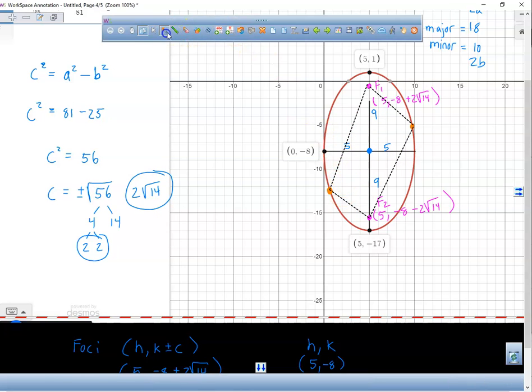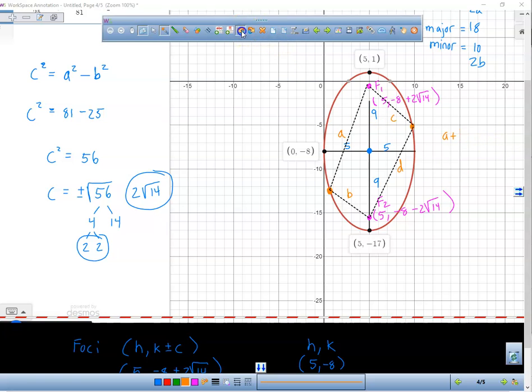Okay? So if I call this distance A, and that's distance B, and that's distance C, and that's distance D, you could say A plus B would equal C plus D. Even if they weren't all the exact same, I'm not saying A equals C, but the sums would be equal to each other no matter what. That's the definition of an ellipse.